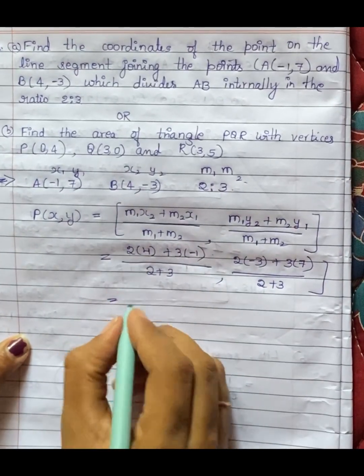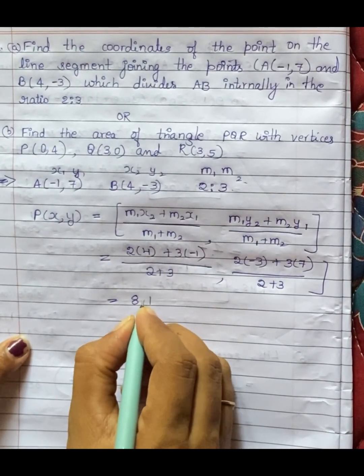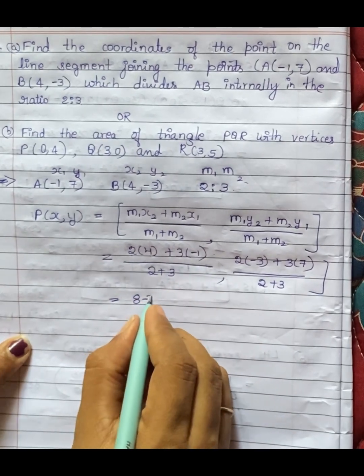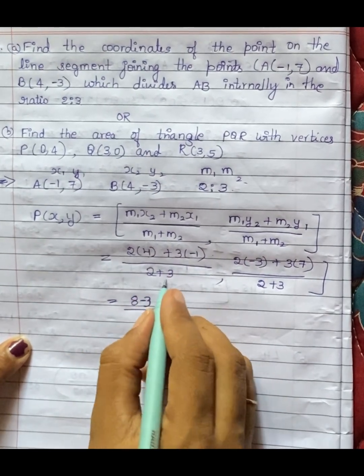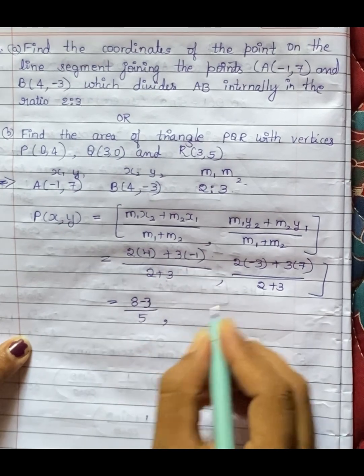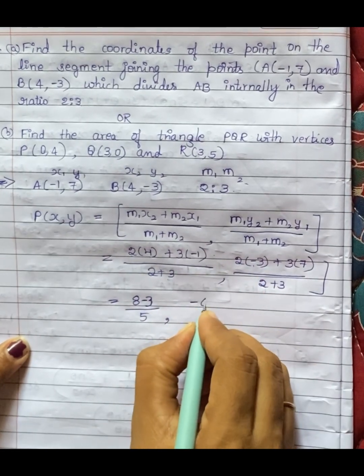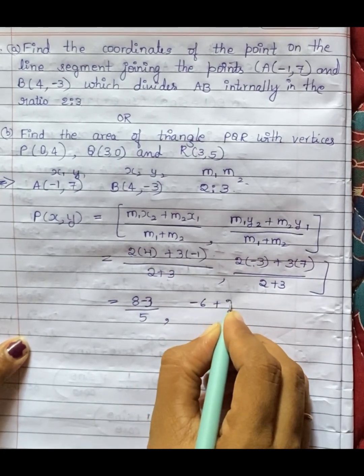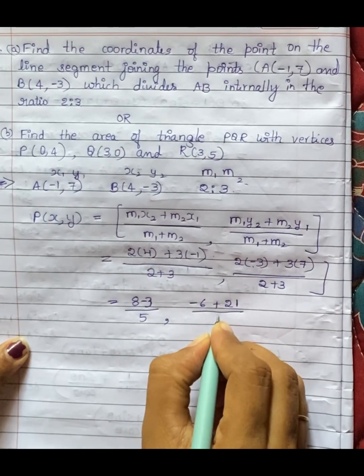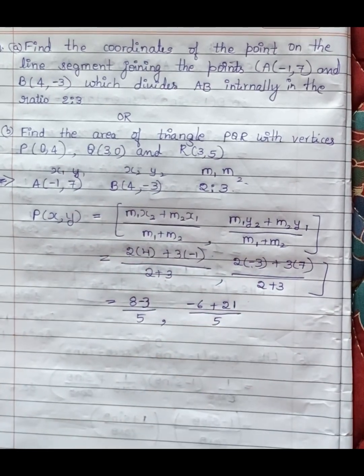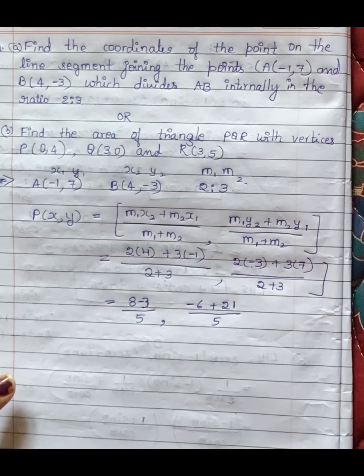Now 4 2s are 8 minus 3 1s are 3 divided by 5, comma minus 6 plus 21 divided by 5.